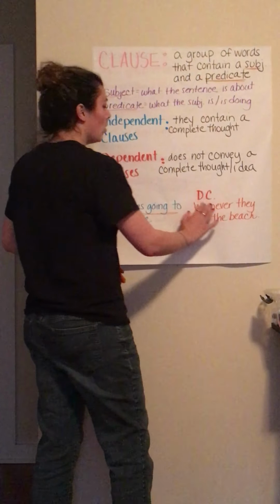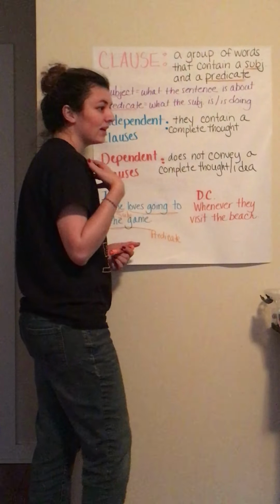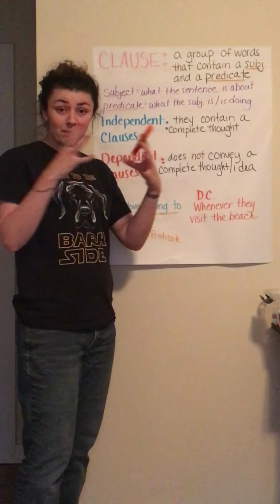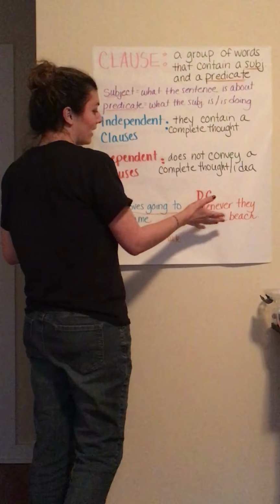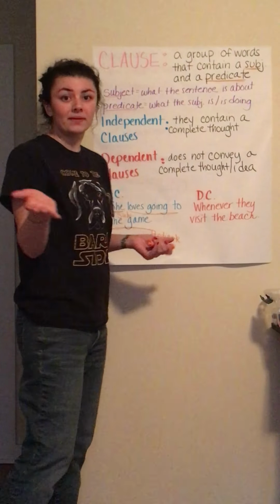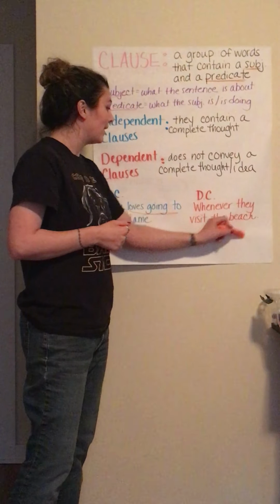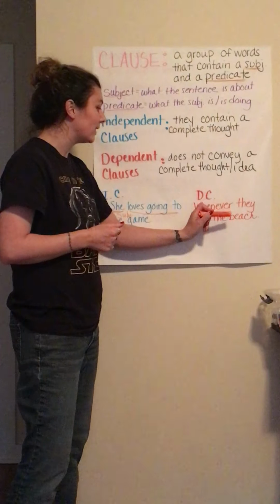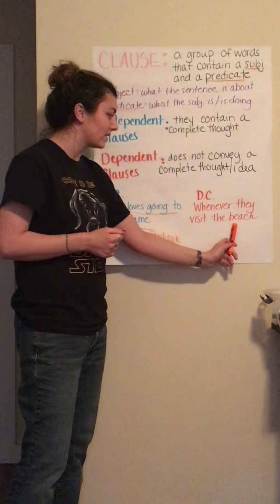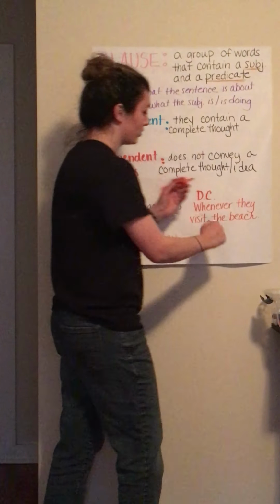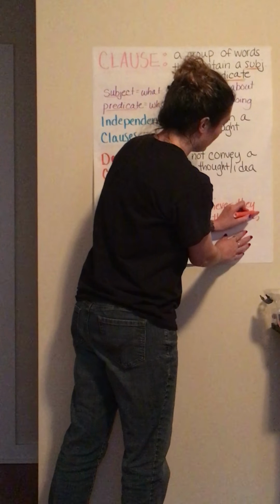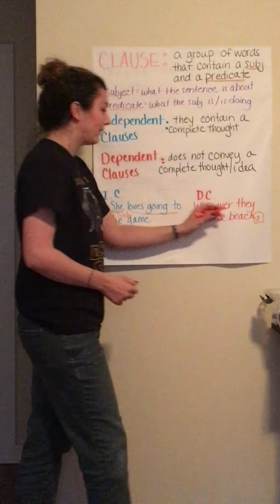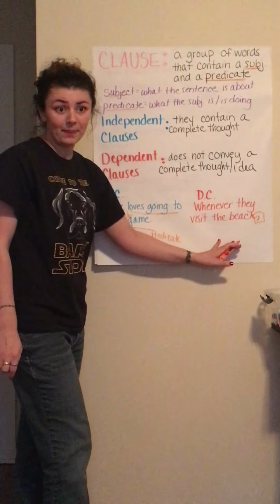For example, whenever they visit the beach, they like to eat ice cream. That would be the complete thought right there. Whenever they visit the beach, they go swimming. You know it's a dependent clause because it's not complete and we have no idea what comes after this. Whenever they visit the beach, and this in fact should be a comma, blah, blah, blah will happen.